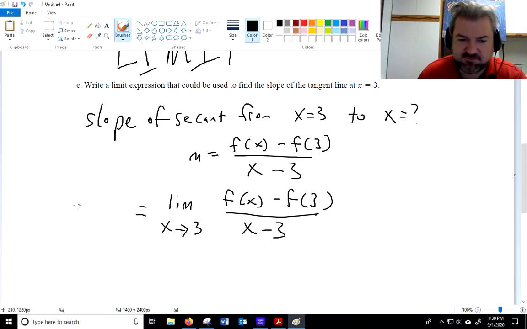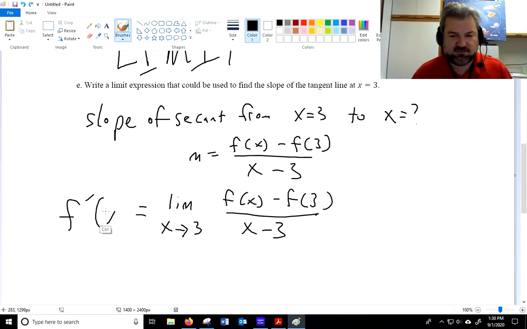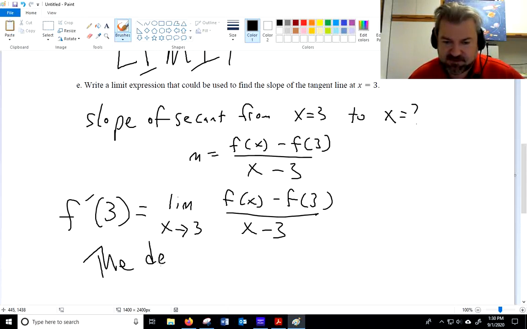This is equal to what we call the derivative at 3. f prime of 3 is how we write that. That's called f prime. That means the derivative of f at x equals 3. So the derivative, and for a while I'm going to try and stick with one symbol, but it has several.